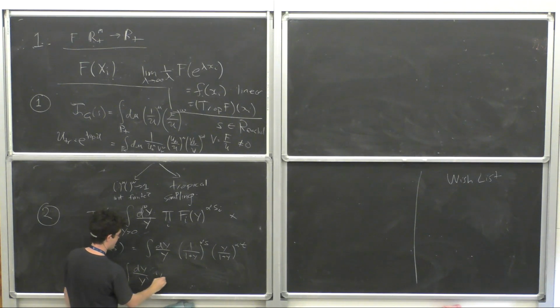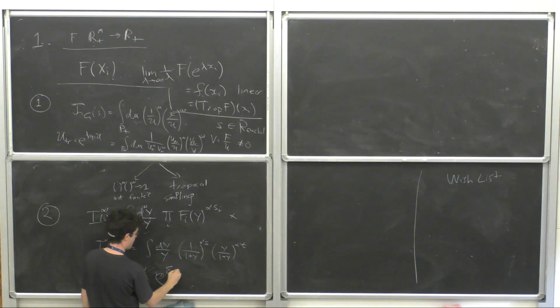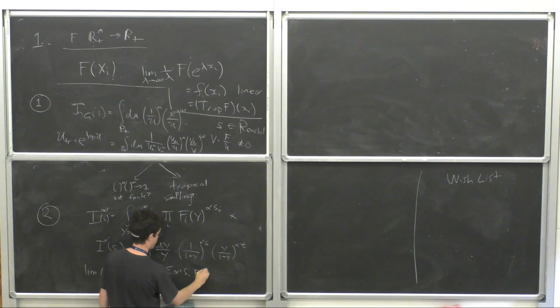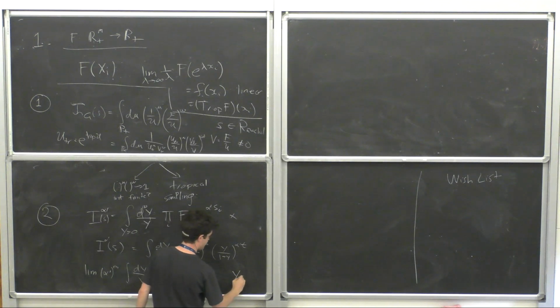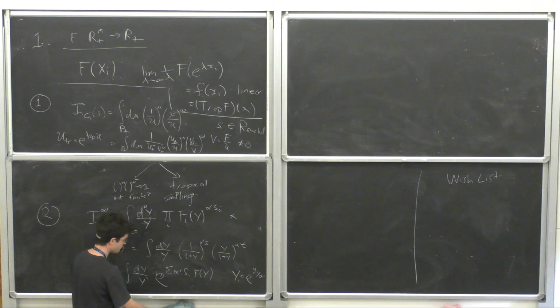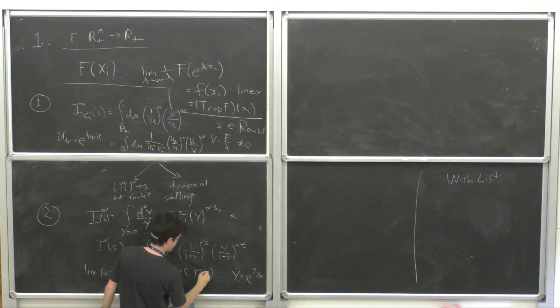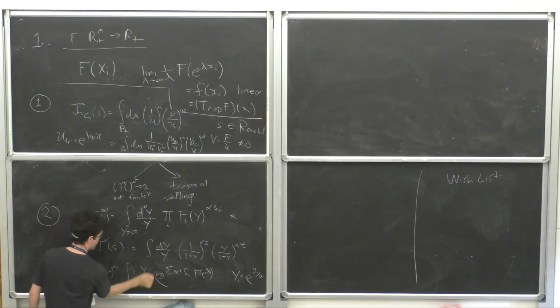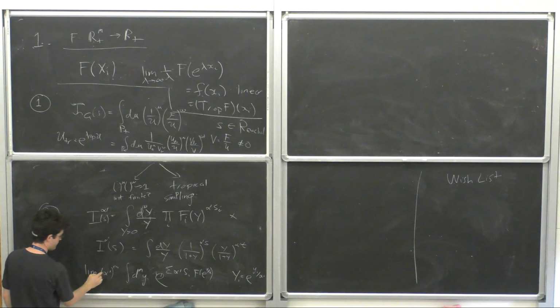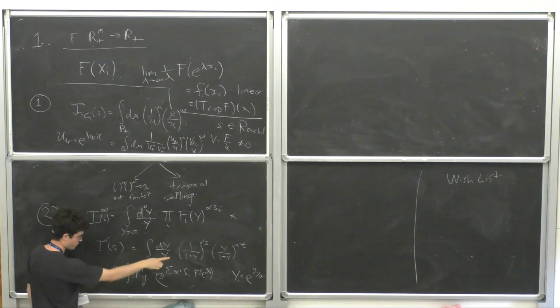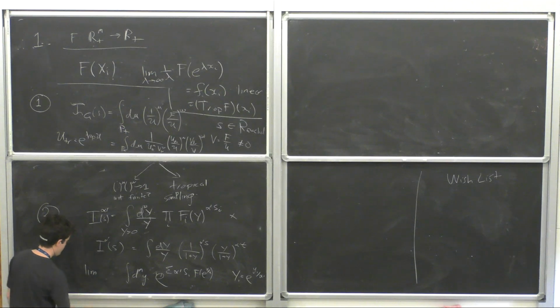So you have that measure, and then e to the sum alpha prime s_i f of y. By replacing y_i with e to the little y_i over alpha prime, this becomes d to the m little y. The alpha prime has been absorbed by that change of variables. And then you're taking this limit.